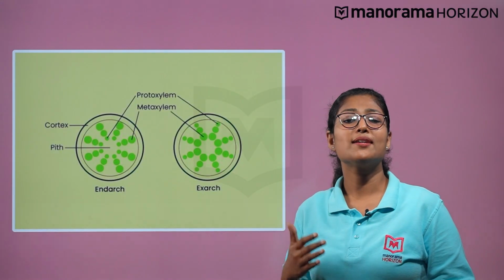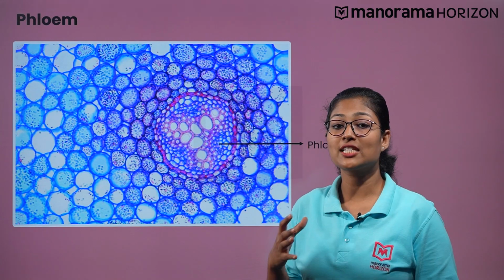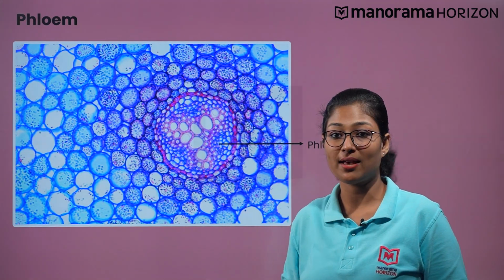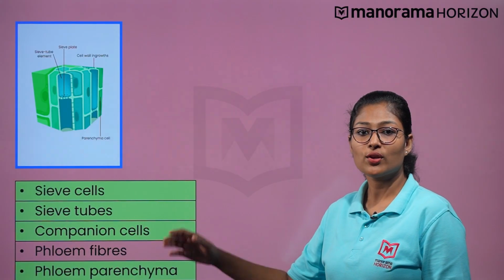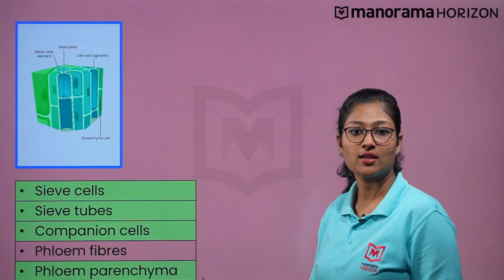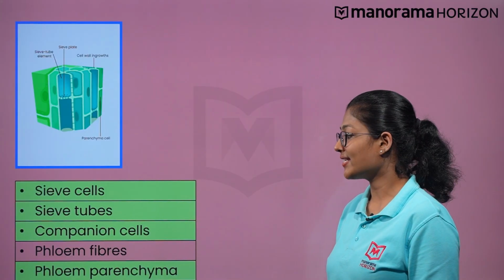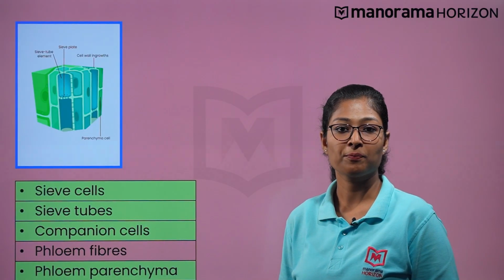Now, let us learn more about phloem. Phloem is a complex permanent tissue made up of 5 types of phloem elements. I have given them in a tabular column. You can see the different types of elements, that is, sieve cells, sieve tubes, companion cells, phloem fibers and phloem parenchyma.